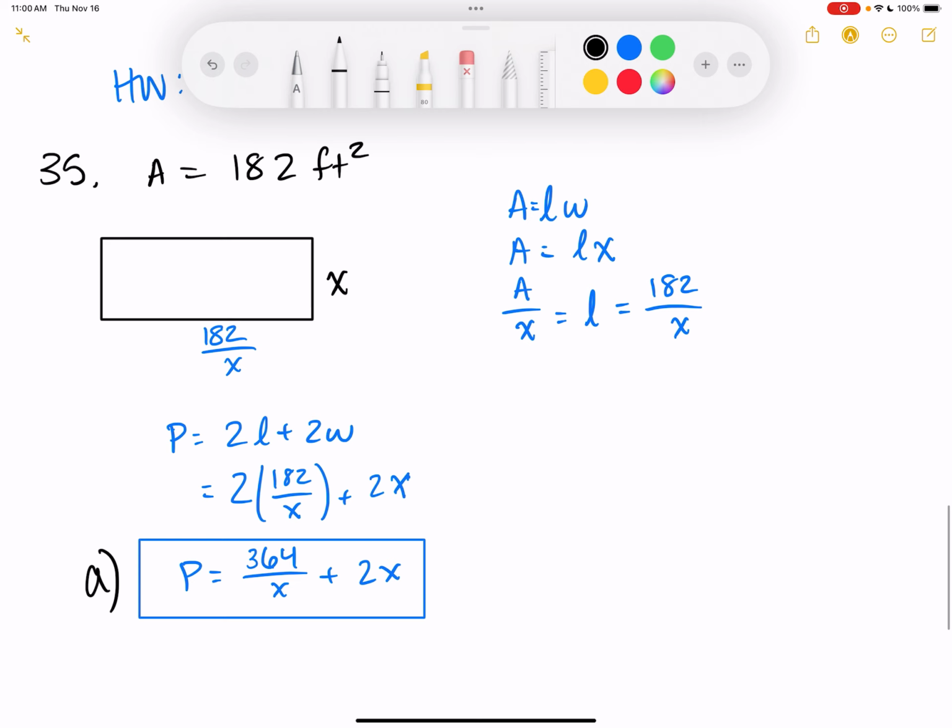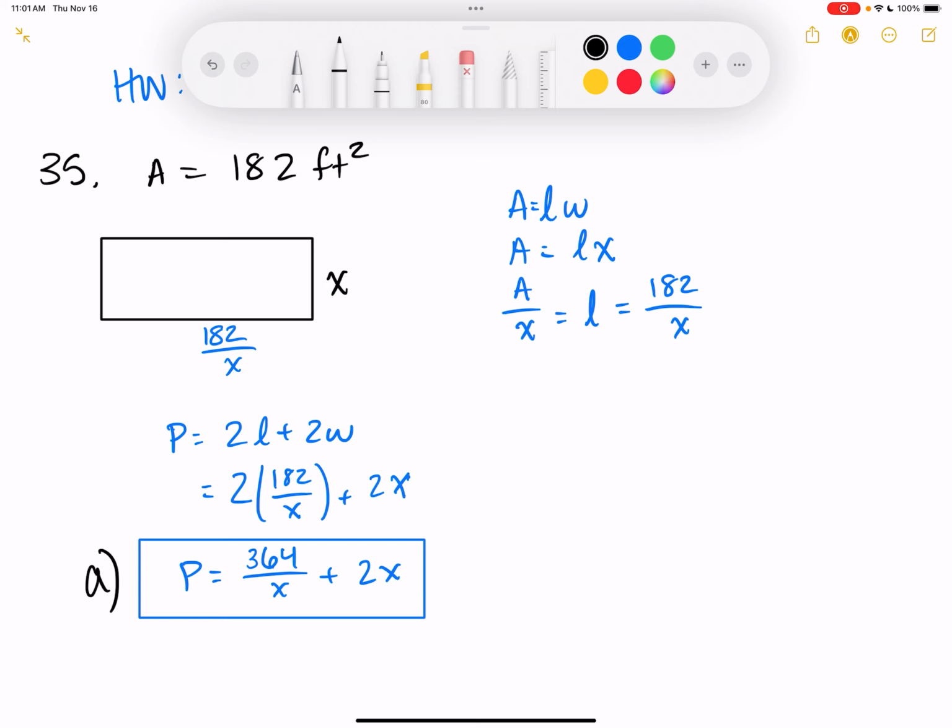Now, for part B, find the dimensions of the rectangle that has the least perimeter. What is the least perimeter? Basically, I can graph this function. So I'm going to put it in the graph and find the minimum.